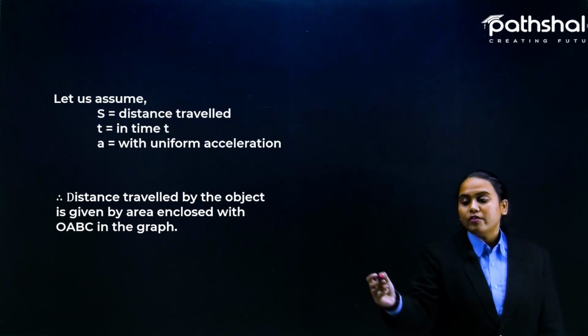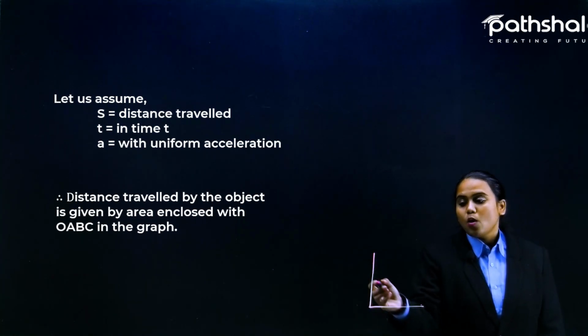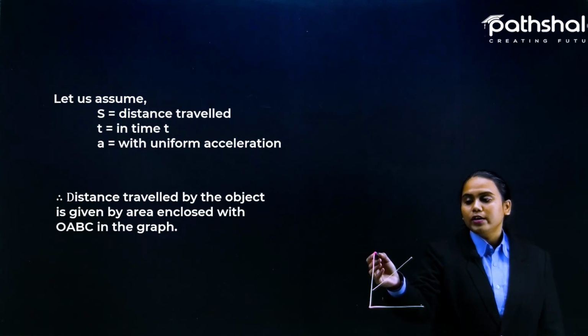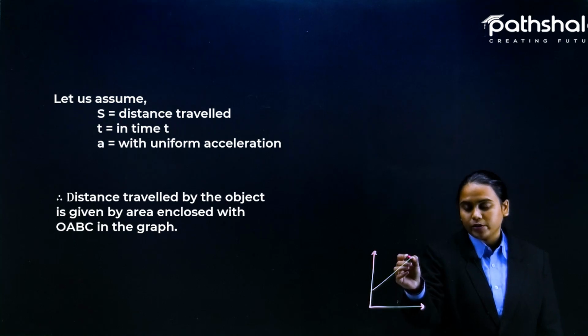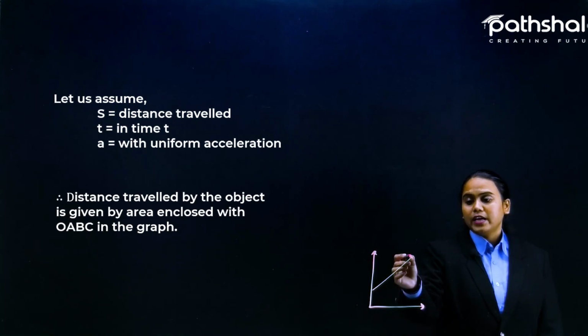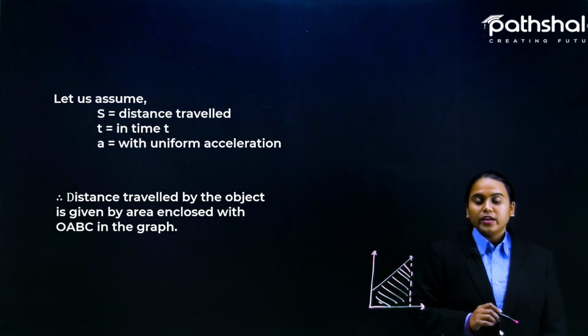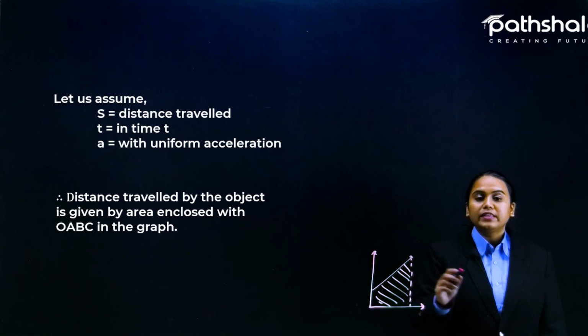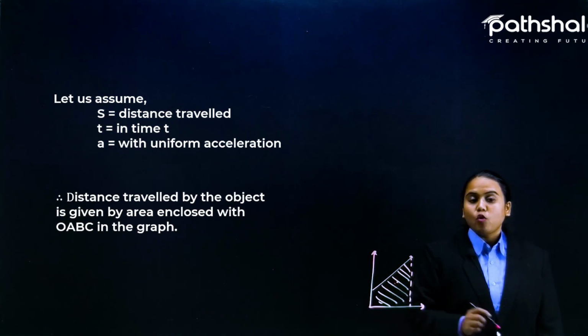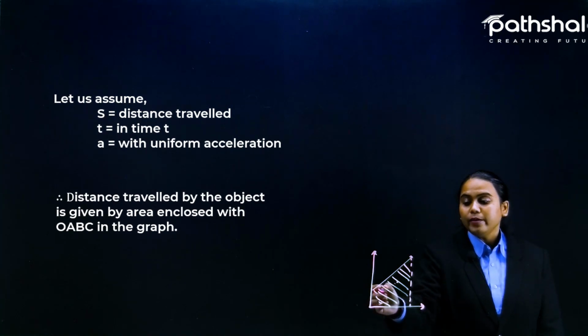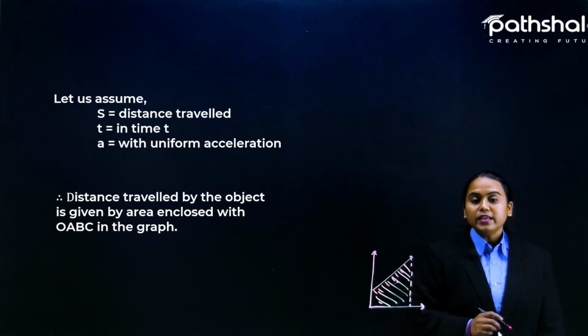Yes, definitely, one trick I may tell you, students: whatever graph you have in this chapter, the area beneath the graph always tells you the distance traveled. So here also we have the distance traveled. If we want to find the distance traveled, we need to find the area swept by the slope.